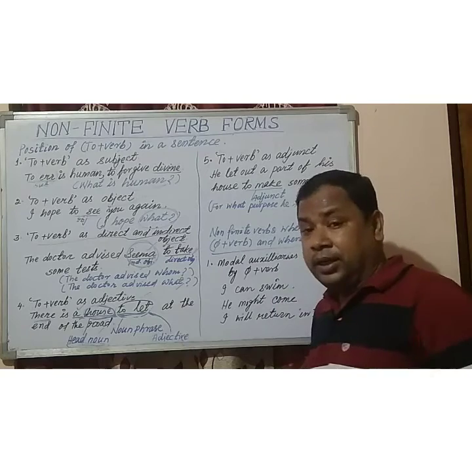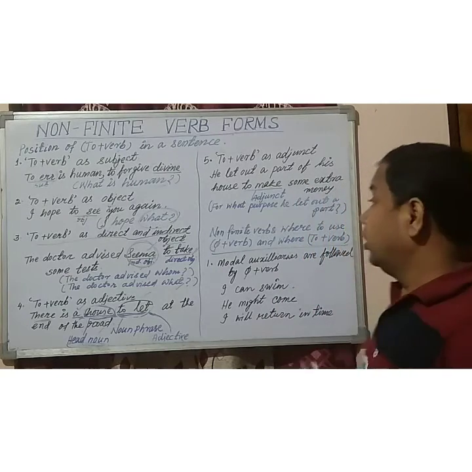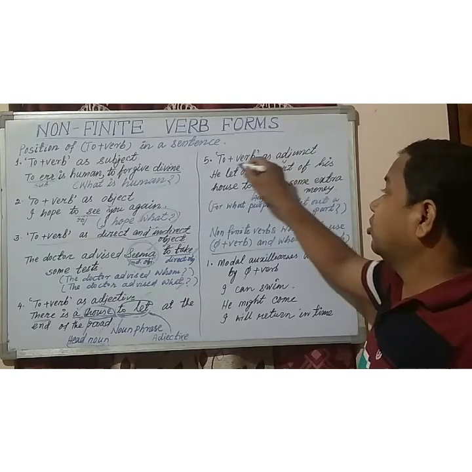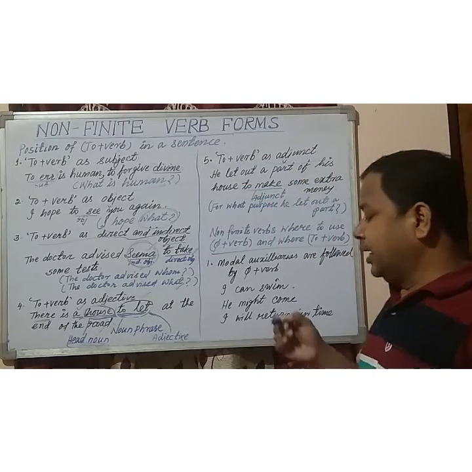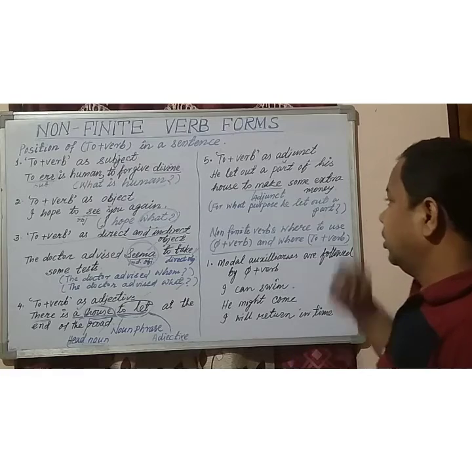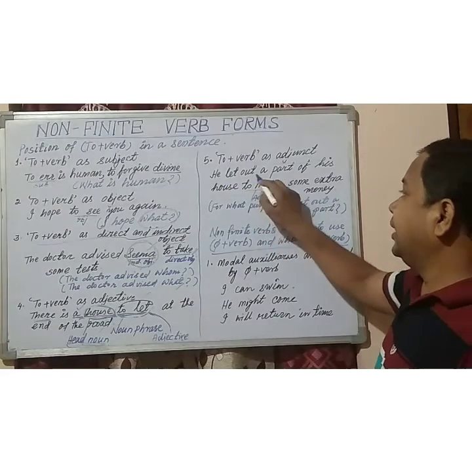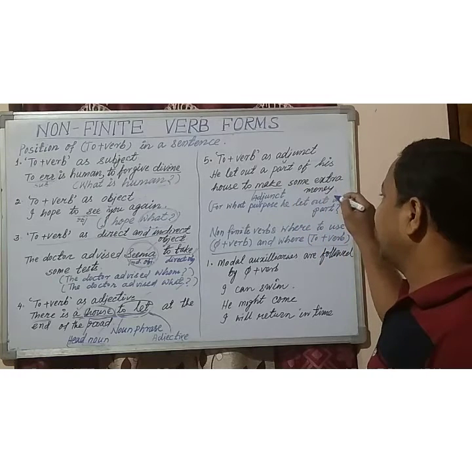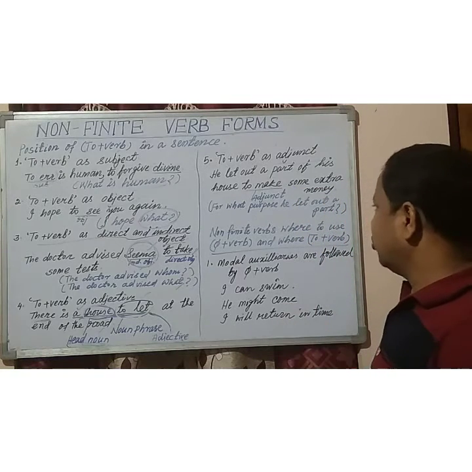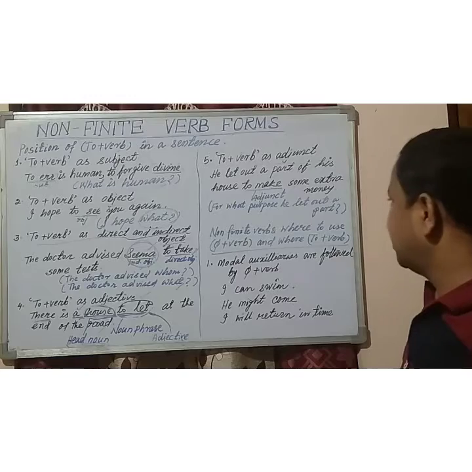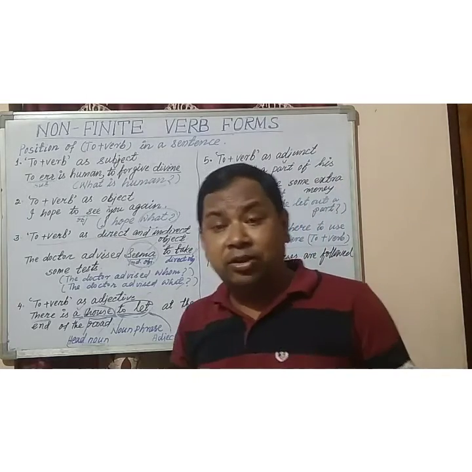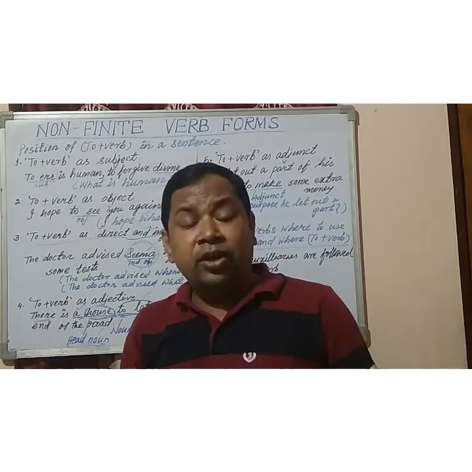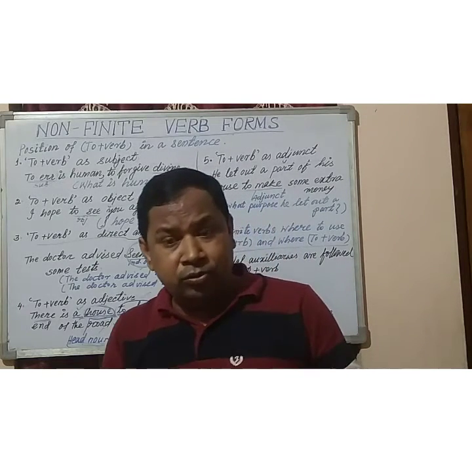And let us see the next one, where we use to plus verb as adjunct. We use to plus verb as adjunct also. You see here: he let out a part of his house to make some extra money. When we ask the question, for what purpose did he let out a part of his house?